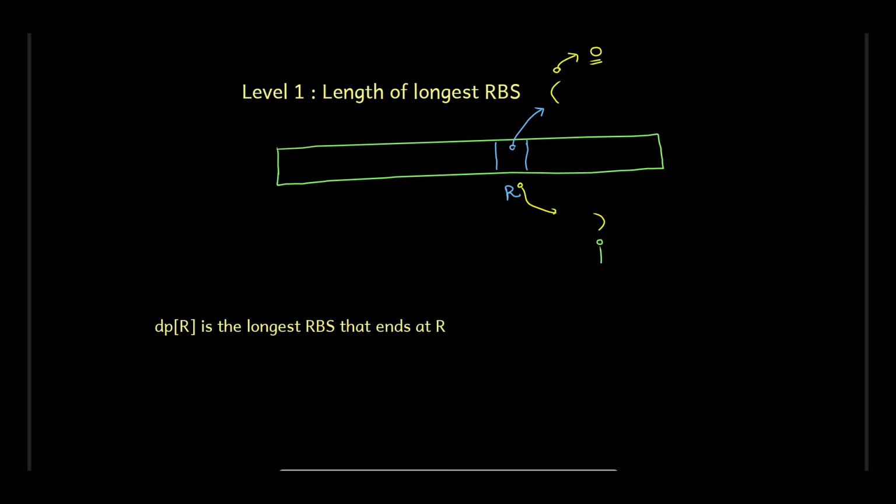So if it is a closing bracket, then you can notice one fact, that any RBS is nothing but a concatenation of several RBS. This is by definition. This might not be obvious to some of you, but it is actually true that regular bracket sequences or valid parentheses are by definition concatenations of valid parentheses.